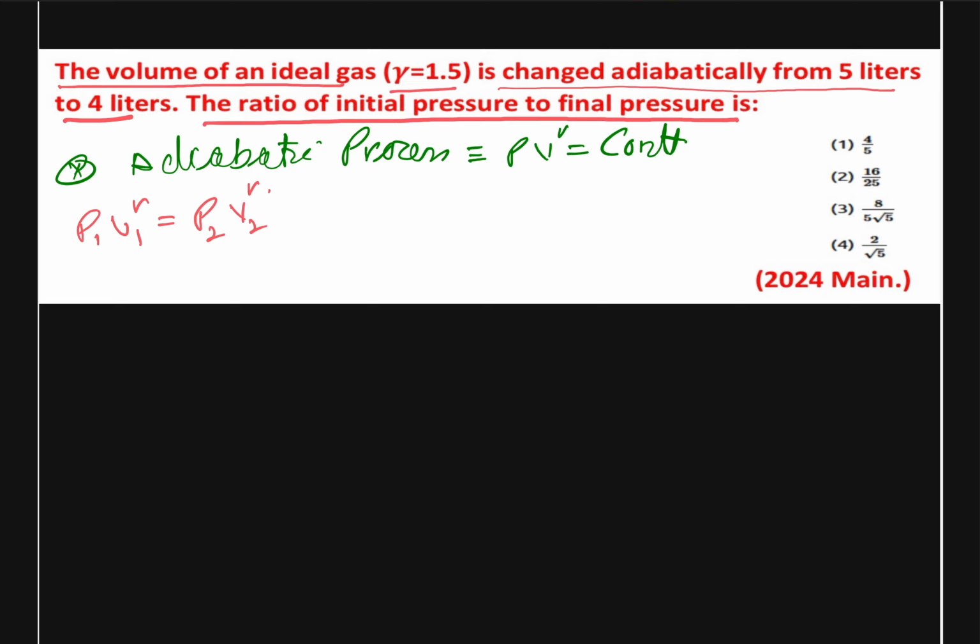The volume is changed from 5 to 4, so we can say that our V1 is equal to 5 liters and our V2 is equal to 4 liters, and gamma is given to us as 1.5.